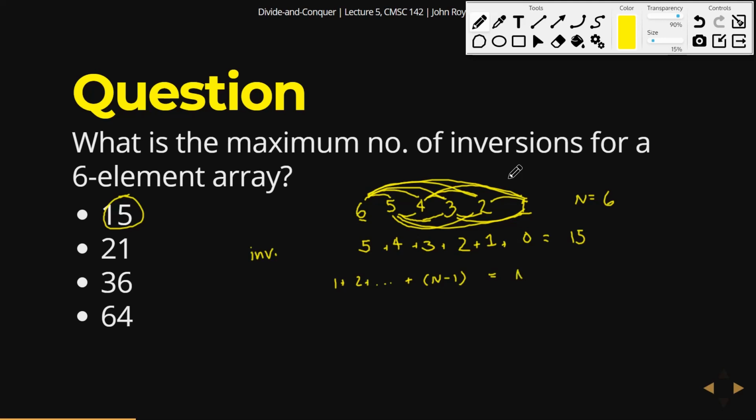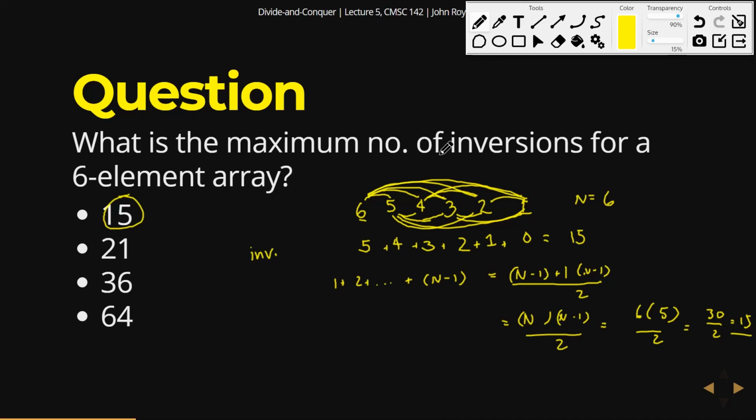That would be n minus 1 plus 1 times n minus 1 over 2. So that would be n times n minus 1 over 2, which is 6 times 5 over 2, which is what you get. 30 over 2 is 15, right?